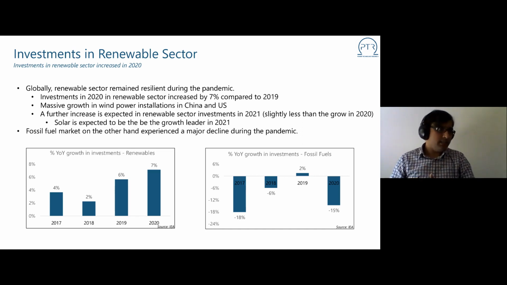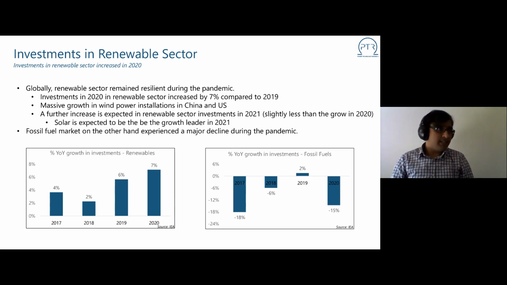And as we discussed earlier, in the case of China this is going to slow down towards the end of 2022 because the country will have most of its targets, or be close to achieving its targets, both for wind and solar. So naturally a slowdown is expected, but that gets compensated moving forward by some of the markets where we see already huge standards in place for both wind and solar capacity.